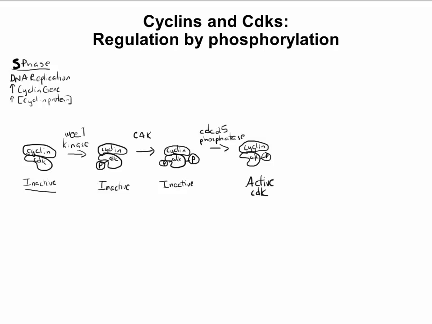So now this CDK enzyme can start phosphorylating its targets. And just to remind you, what are those targets? Well, we're going to see phosphorylation of nuclear lamina proteins. We're going to see phosphorylation of condensins.